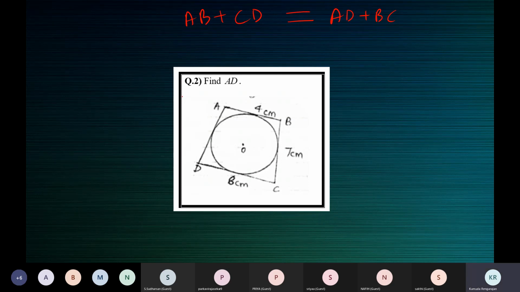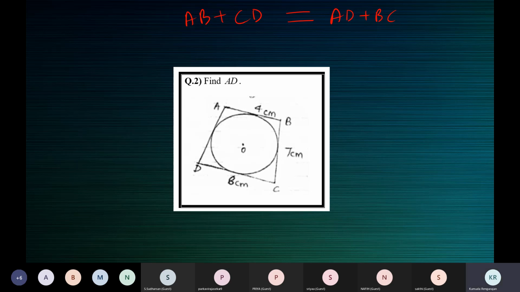So the property is this. When a quadrilateral circumscribes a circle, the sum of its opposite sides are equal. AB plus CD is equal to AD plus BC.